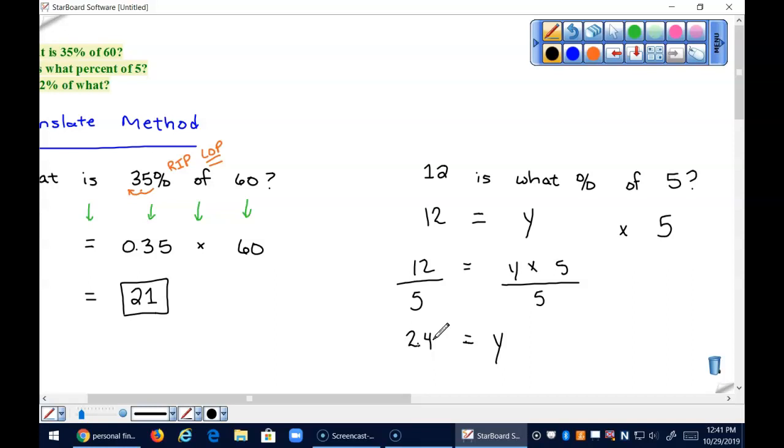Okay, so 2.4 is good as a number amount, but why did it ask us to express it as a percentage? Since it wants the answer in percent format, we need to do a riplop. It would be 240. Yep.